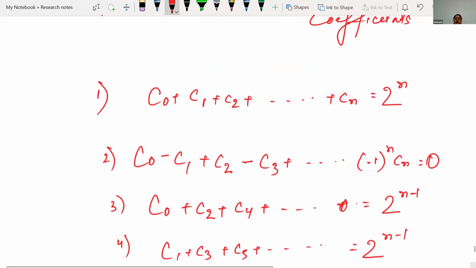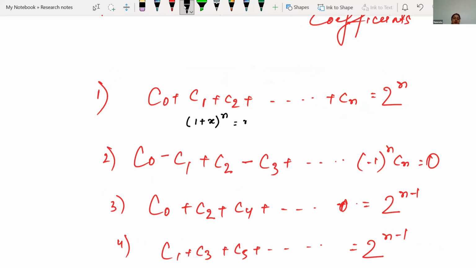Written, Lena? Yes, ma'am. So here for the first property, let's say we are having (1 + x)^n. If we are doing the expansion of that, the first term will be nC0, then nC1, then nC2.